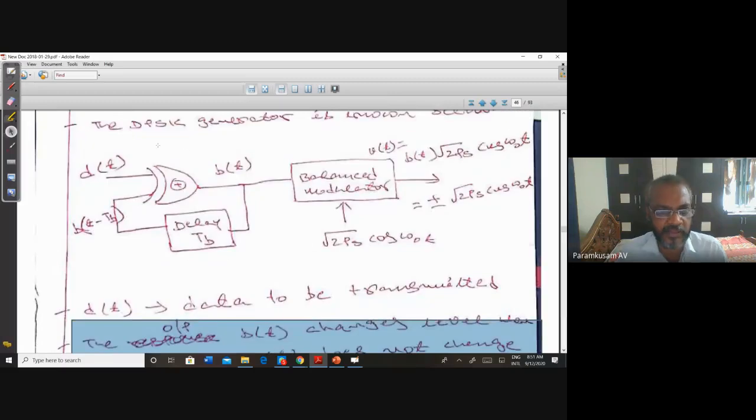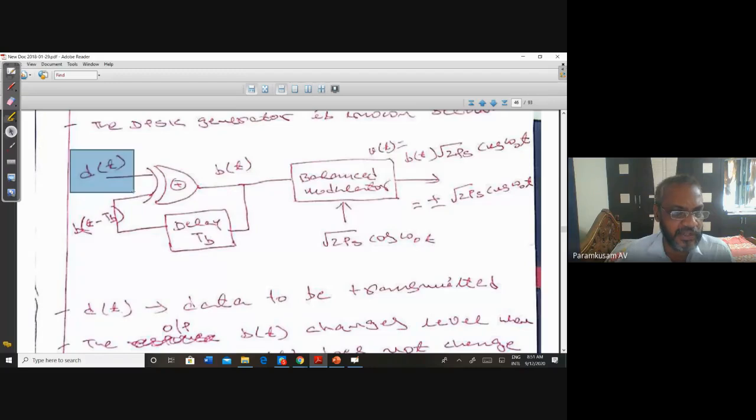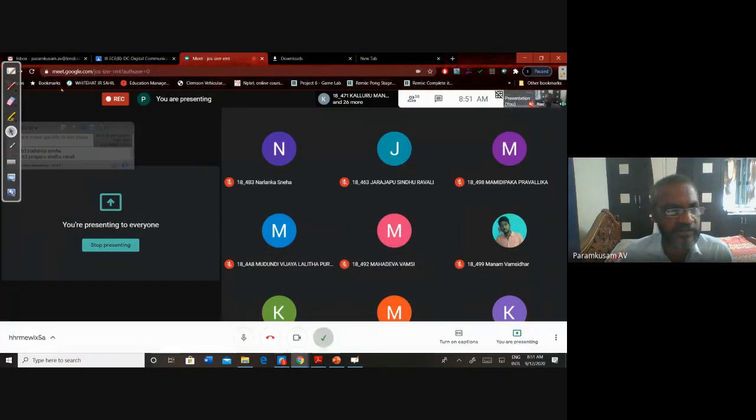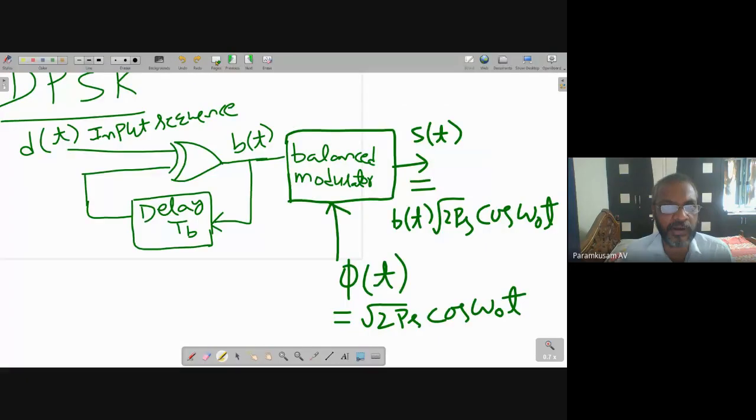ఇక్కడ సేమ్ అయితే మన డయాగ్రామ్ అక్కడ నోట్ చేసుకున్నాం. ఇక్కడ చూడండి D of t ఉంది కదా, if D of t is equal to 1 ఇచ్చారు అనుకోండి, ఎక్స్క్లూజివ్ OR గేట్ లోని ఒక ఇన్పుట్ 1 అయితే ఏమవుతుంది చెప్పండి?